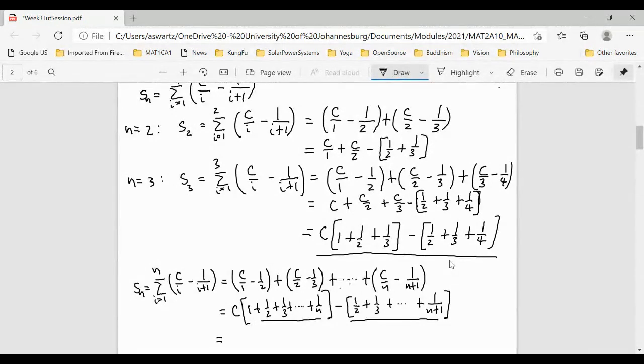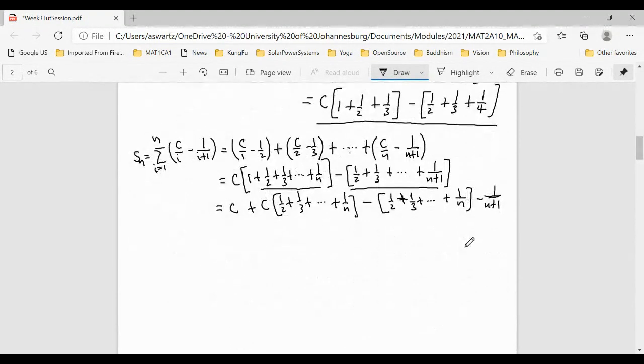Okay, so I'm going to say this is C times 1, plus C times a half, plus a third, plus 1 divided by n, minus, I'm going to say 1 divided by n, and the last one I'm going to leave alone, minus 1 divided by n plus 1. We'll see if that gives us a pattern in a minute.